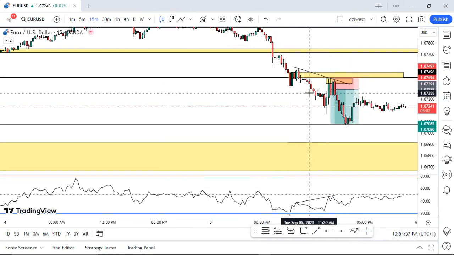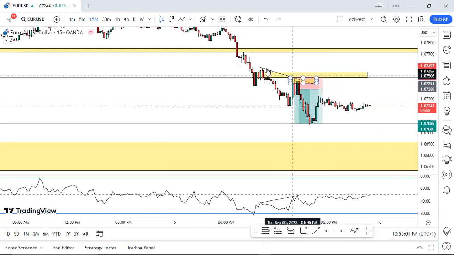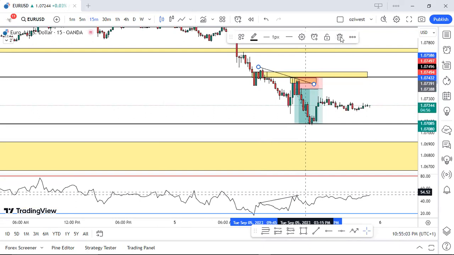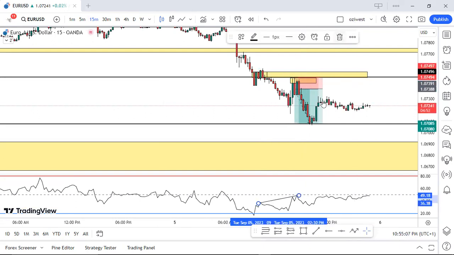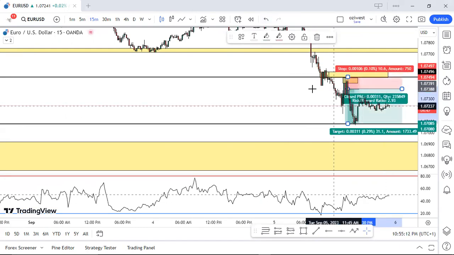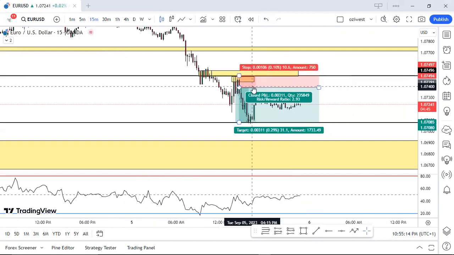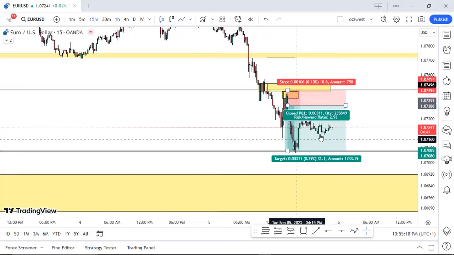Bearish hidden divergence. So that was the reason why I called out that sell signal there. That was where we executed. We had all our confirmations and take profit was smashed.